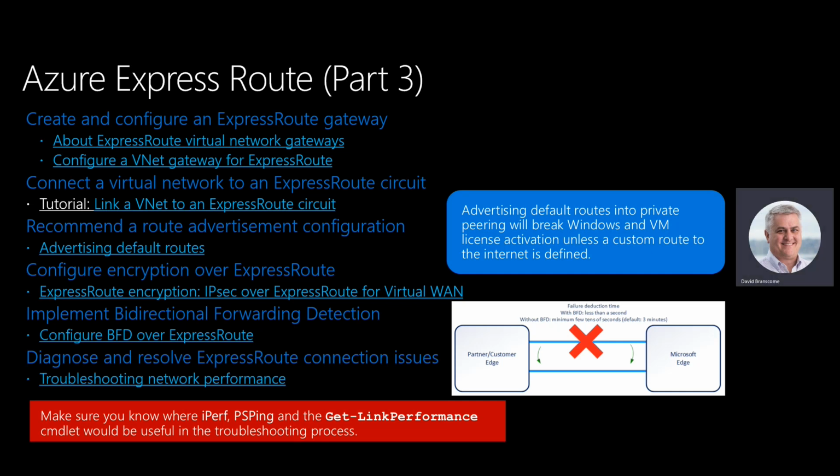If, however, you decide to advertise default routes into private peering, it can result in the internet path from Azure being blocked. You'll then have to rely on the corporate edge to route traffic to and from the internet for the services that you have located in Azure.